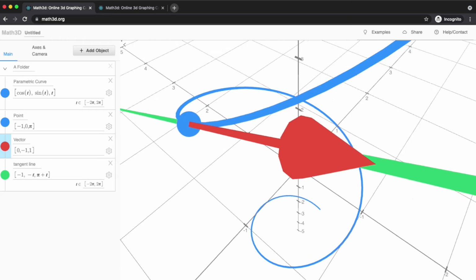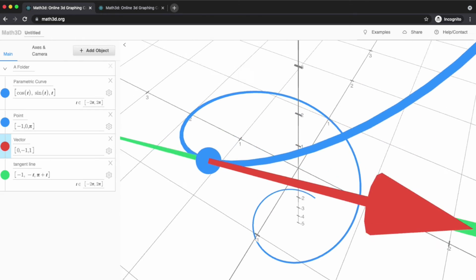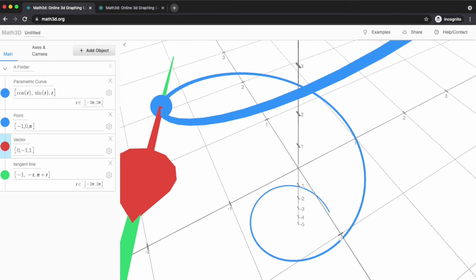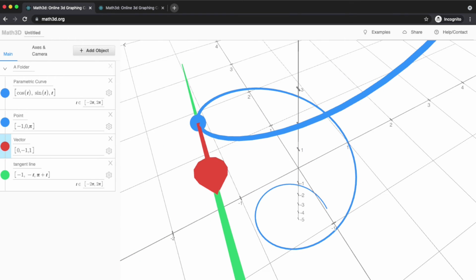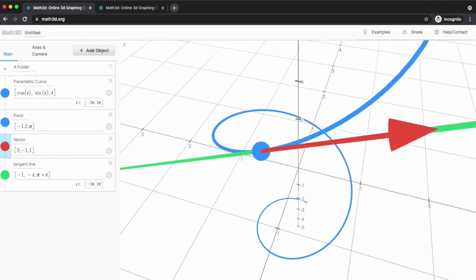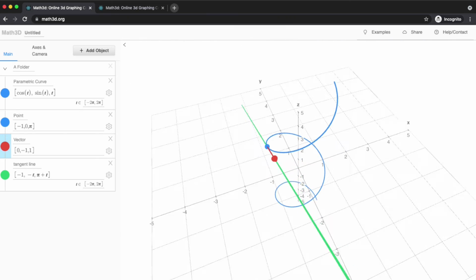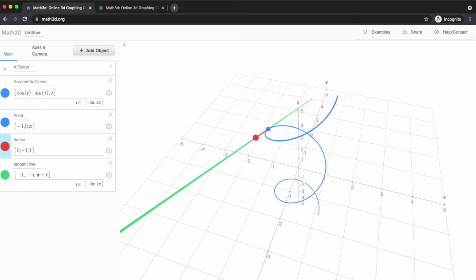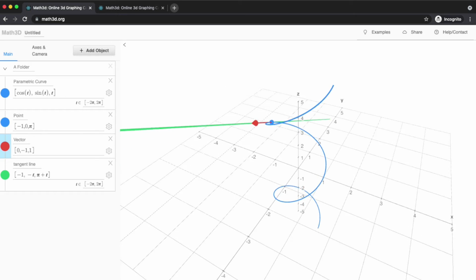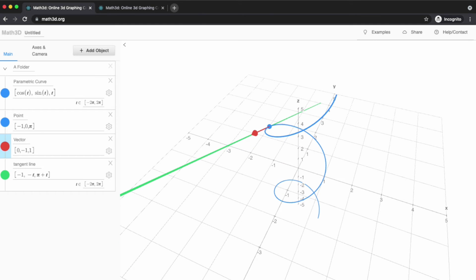That gives it priority. If two objects are overlapping, it shows the one with the higher bias. The Z bias means Z in this case is closer to the eye, not the Z axis. This is more about screen geometry, and so that way it shows me the vector without having to fight with the green of the curve. Alright, so there we go. We've constructed our tangent vector at the point and our tangent line at the point.